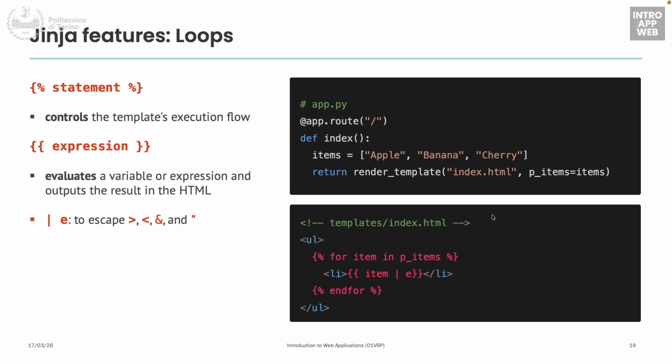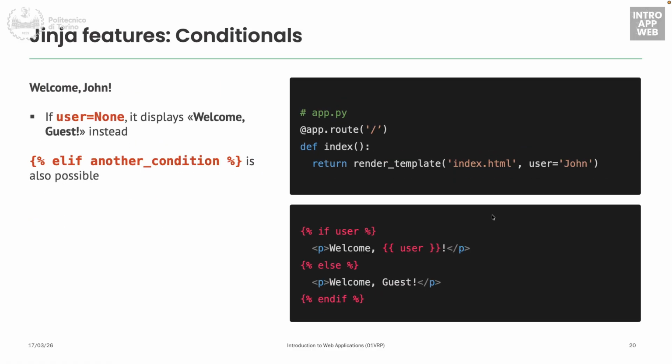So in here, for instance, we see how the loops worked with this syntax. In this case, what are we seeing? The conditionals, no? So if I'm passing, for instance, here as a parameter, the name John or the string John. So if I, for instance, receive something attached to this user parameter, then I will print welcome and the username that I received. Otherwise, I would say welcome guest.